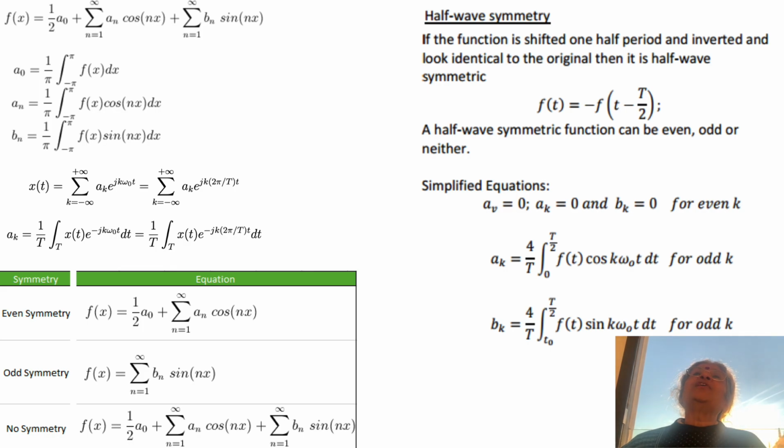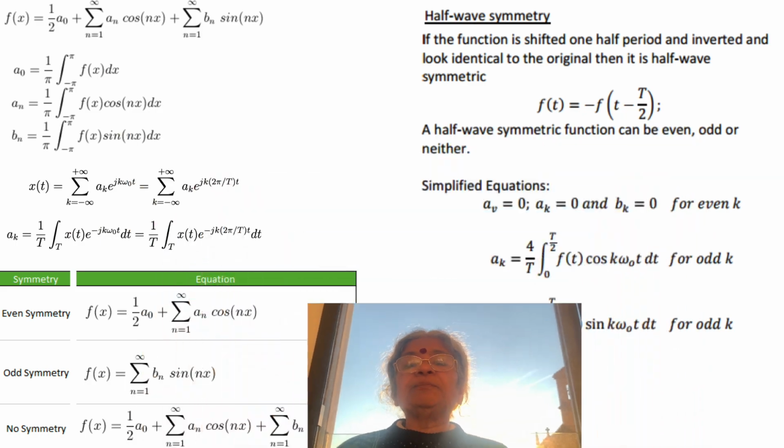And then you go further if you have what is called half-wave symmetry. Even and odd are very easy to understand. For even symmetry, the waveform is spread equally along both sides of the axis at t equal to 0. We are looking at time domain functions essentially when we are talking about signals and systems here, and when we go on to control systems as well.